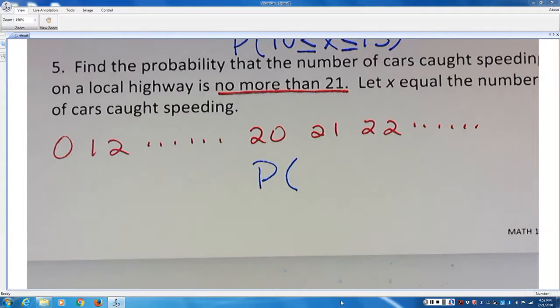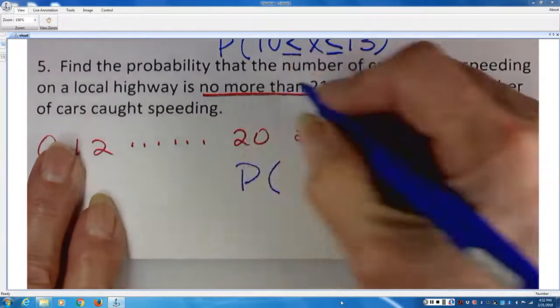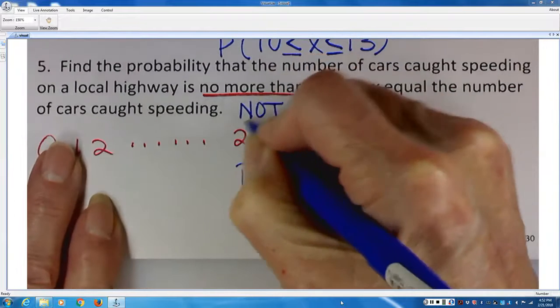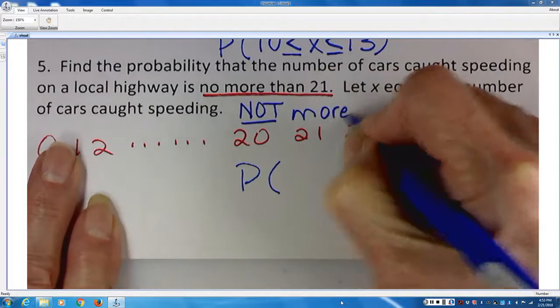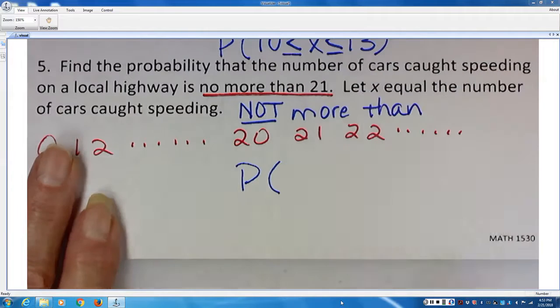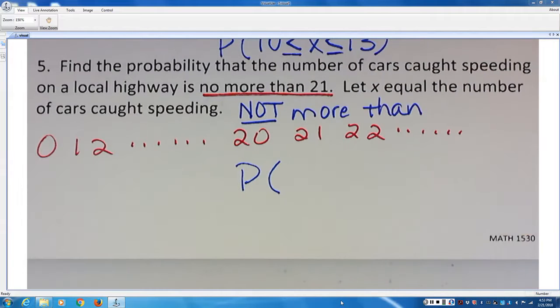Find the probability the number of cars caught speeding on a local highway is no more than 21. No means not. Think about what your mama told you when you wanted to do something and she said you couldn't. No, you cannot. That was closely followed by because I said so. Okay? No, you cannot. No, not.